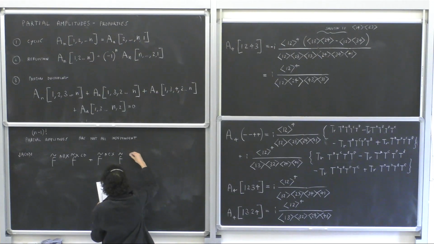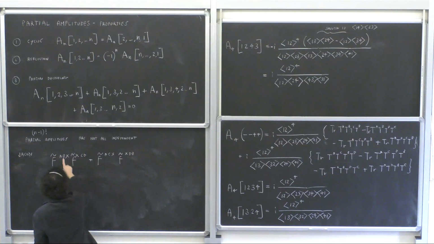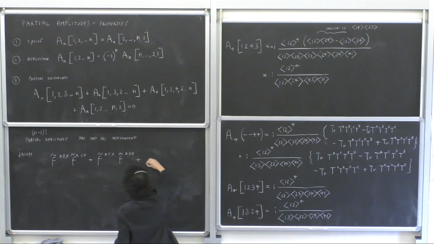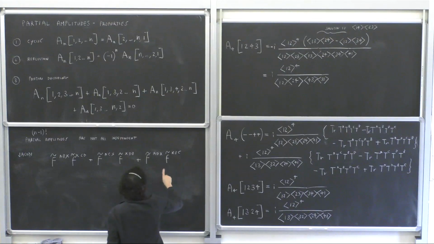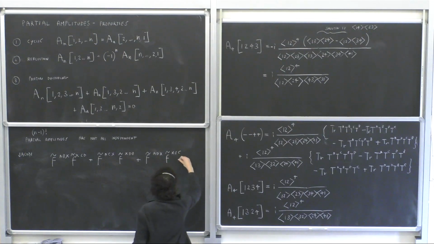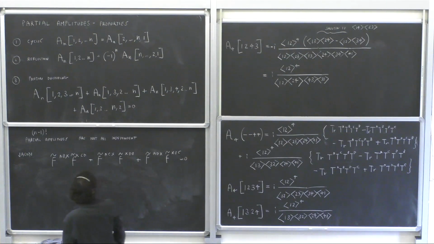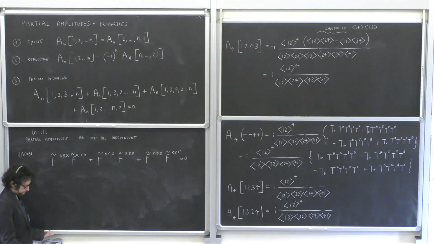This is the famous Jacobi identity: F tilde A B X, F tilde X C D, same cyclic ordering, one term missing, A D X, F tilde X B C, and this is equal to 0. Okay, so what does this mean for us?